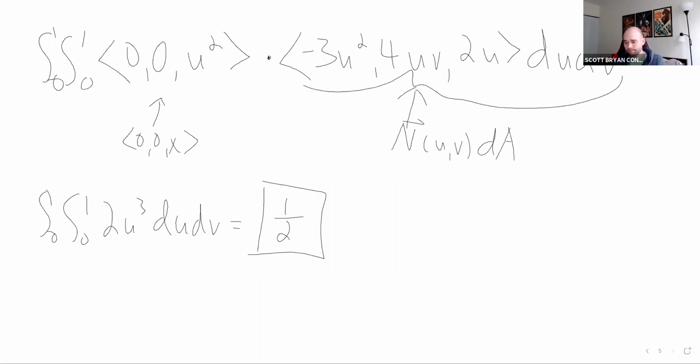The important bit, though, as always, is parameterizing our surface, which thankfully was done already for us, and giving it the correct orientation. That's doing the cross product and determining if that's the right orientation.